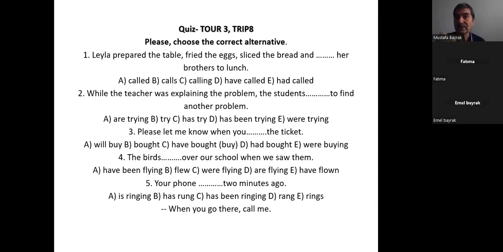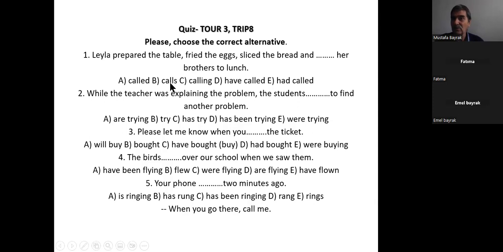She sliced the bread. So the best form is like this, because Leyla, the subject in the past, affects all the other actions. Leyla prepared the table, fried the eggs, sliced the bread, and blank her brothers to lunch.